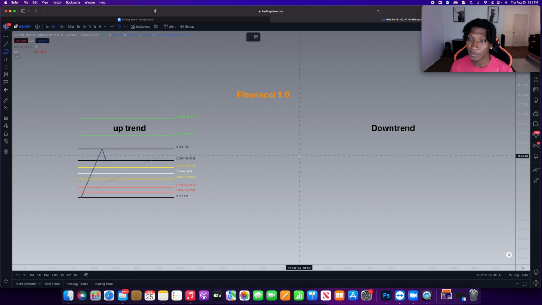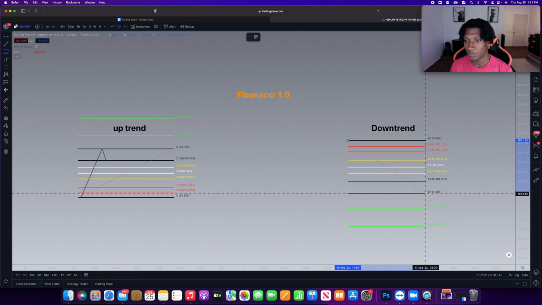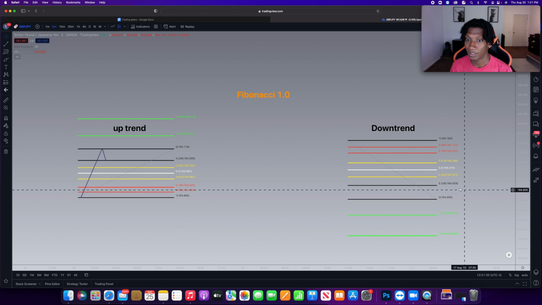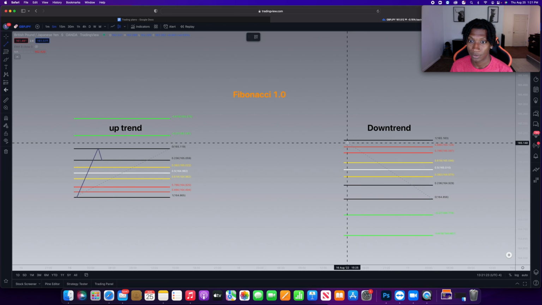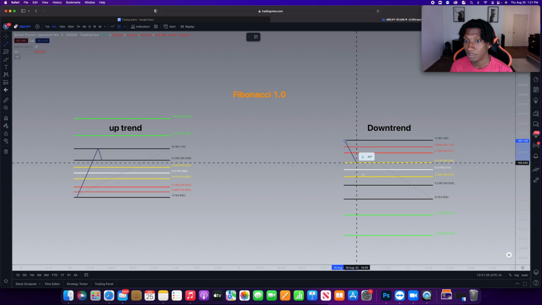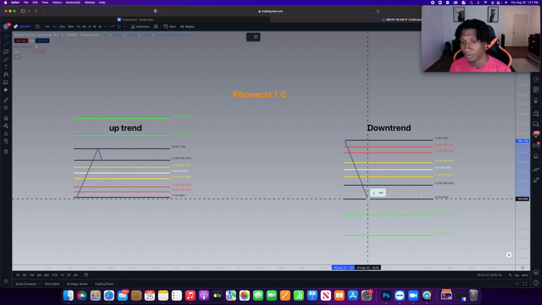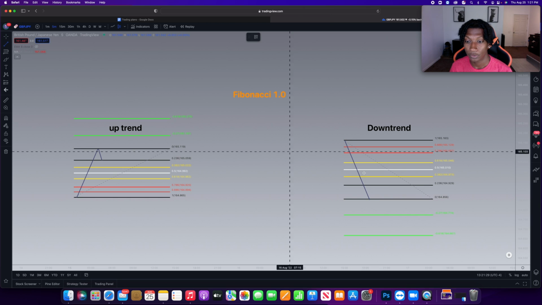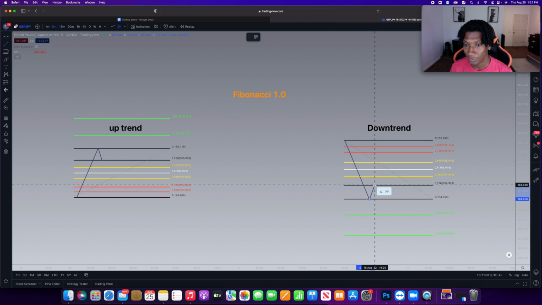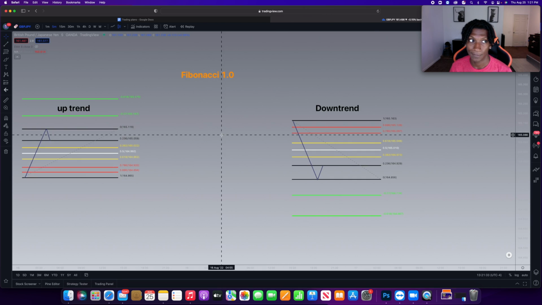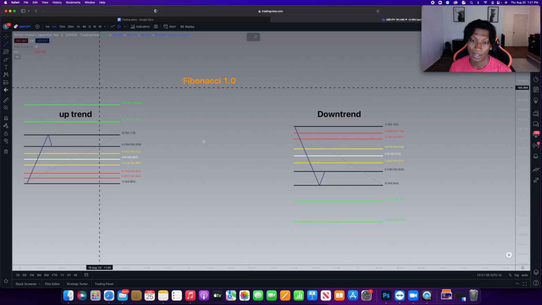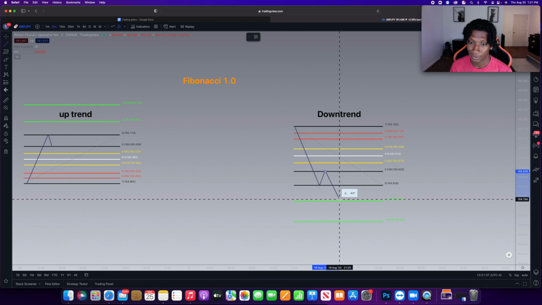So in a downtrend, a 23.6% retracement might look something like this, where price created a lower high point, extends down to a new lower low, finds resistance here at the 23.6%, and then continues its overall downtrend.